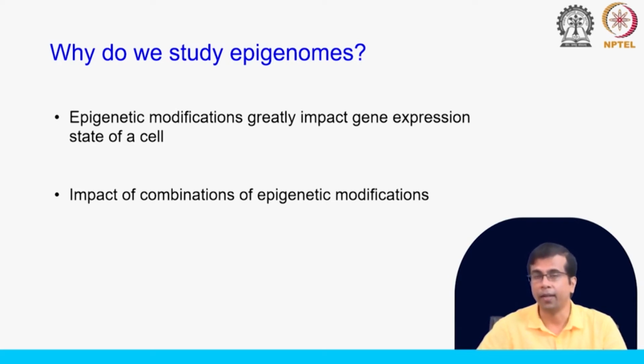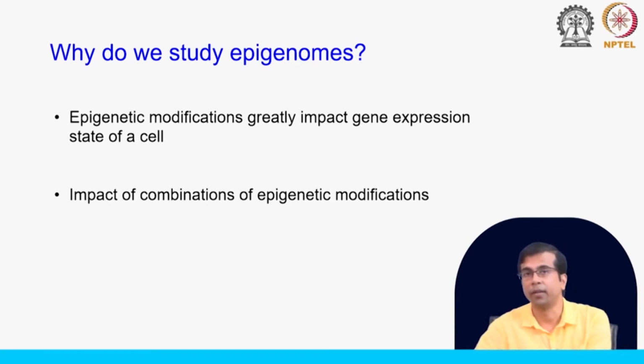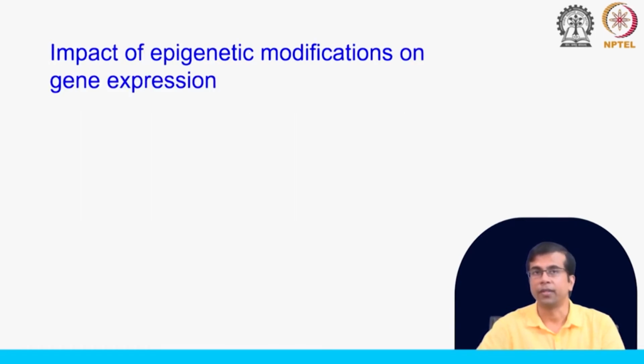You can take any combination, and these combinations will have a unique impact on the expression level. This is what we want to understand: how epigenetic modifications across the genome impact the expression levels of the cell. This is actually very important for gene expression, and I will illustrate with some examples how these modifications impact gene expression.